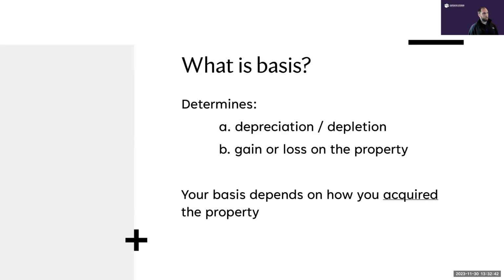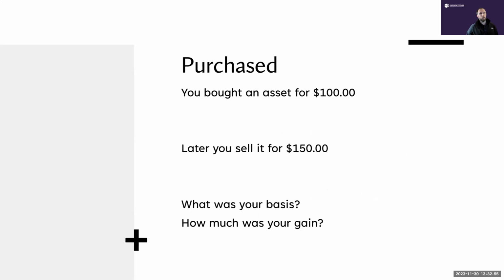And as Kurt has already mentioned, your basis depends on how you acquired that property. So again, it's your investment in the asset, and your basis is going to depend on how you acquired it. We're going to walk through a couple of examples. On the purchasing side, let's say you bought an asset. I'm not going to be specific about the asset or the time period, because that can send you down a couple of rabbit holes.